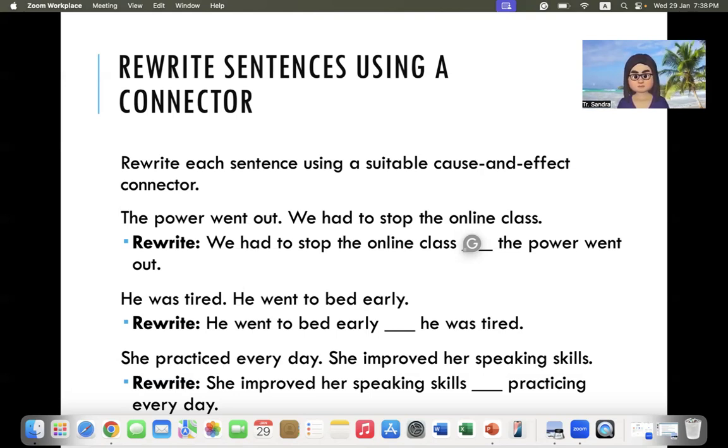Okay. Any other questions? Yes, teacher. The usage of so and therefore can differ depending on the context, or is there any grammatical point of view to differentiate? It depends on the context. So is used in informal context and therefore is used in formal context.